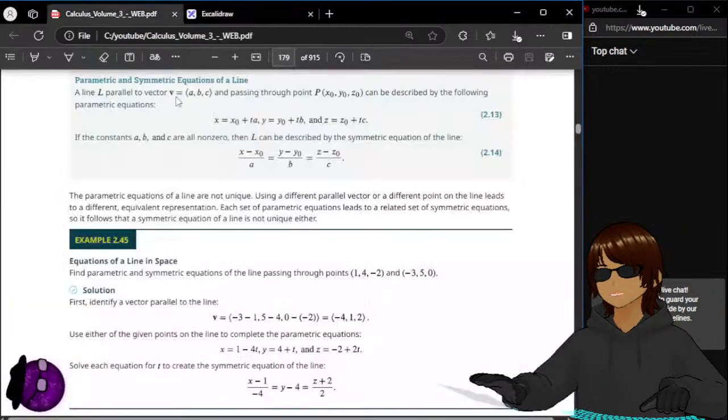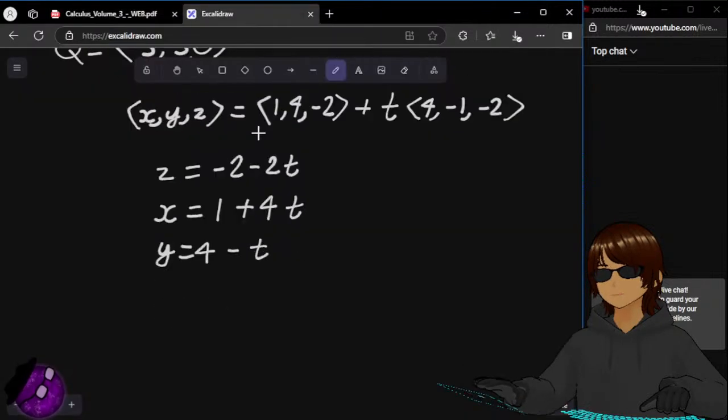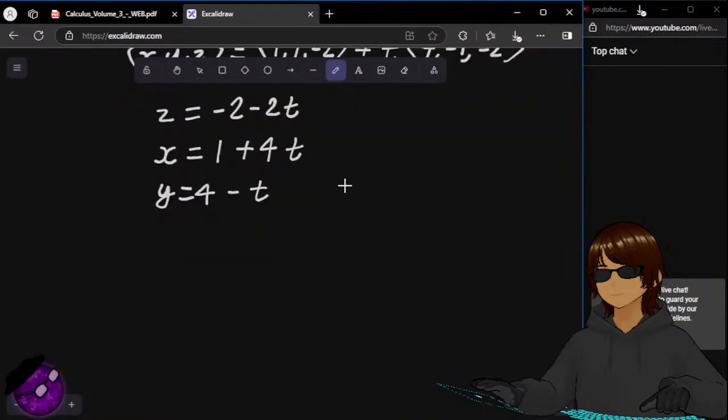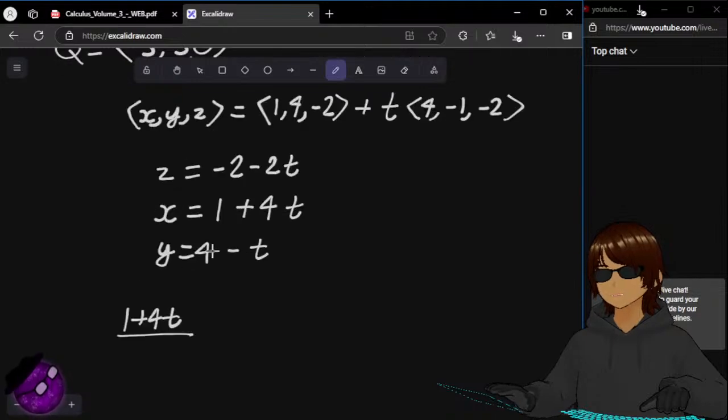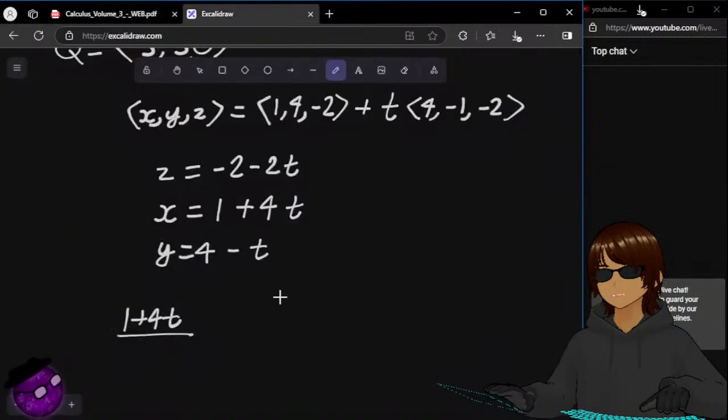And then the symmetric one is x minus x0 divided by a. So 1 plus 4t divided by 4, right? So this divided by 4 should be equal to this divided by -1.